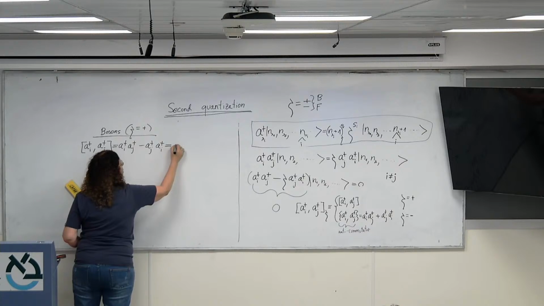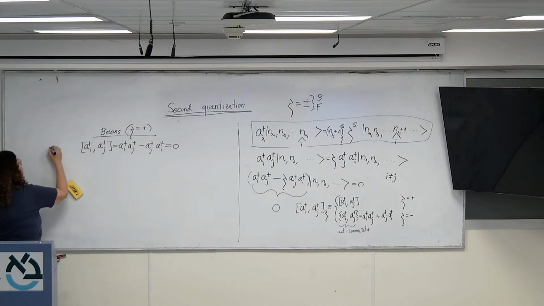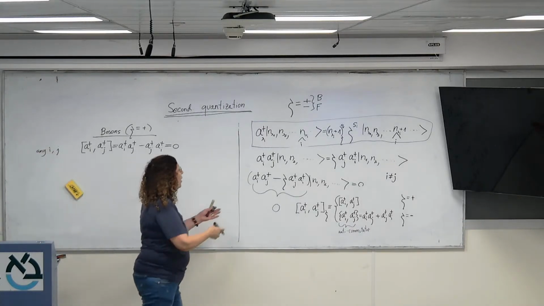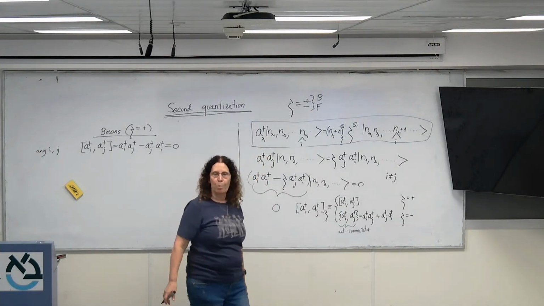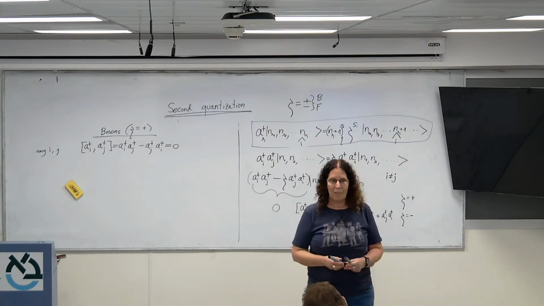The commutator is zero, okay? And this is actually true for any i, j, right? Because we saw for i different from j you get it explicitly. For i equals j, it's a trivial statement. Okay?